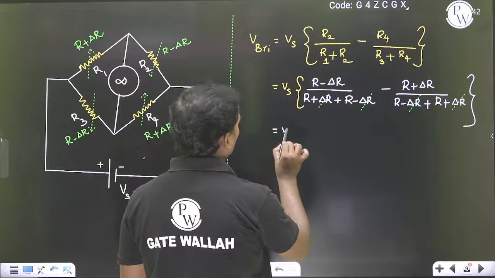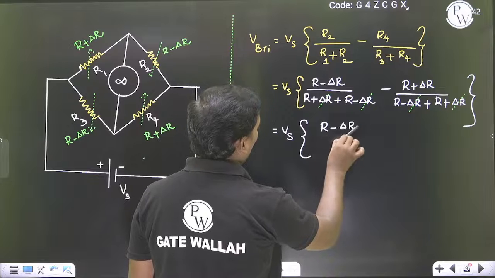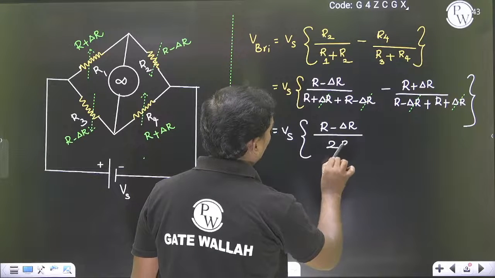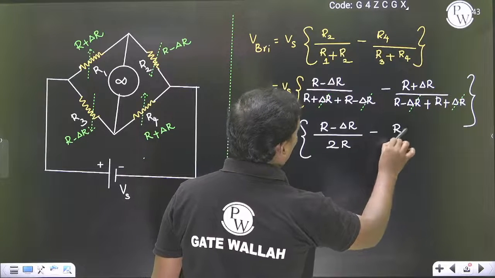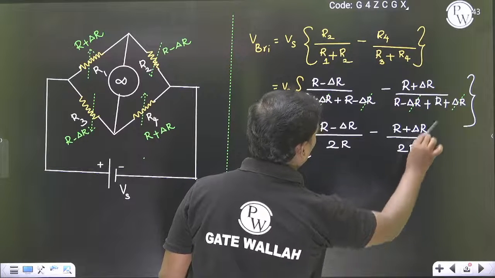So now if I am simplifying this, delta R gets cancelled. So here this is Vs into R minus delta R the whole divided by 2R, minus R plus delta R the whole divided by 2R.